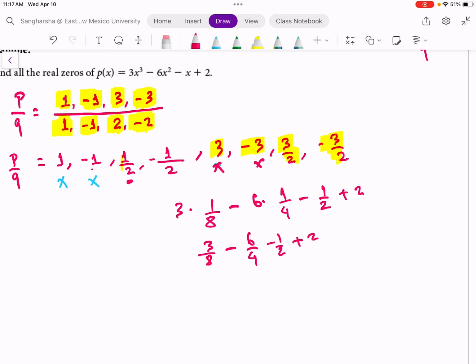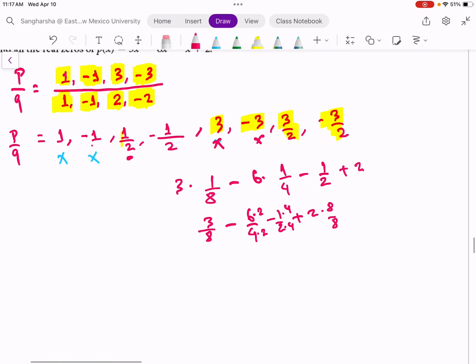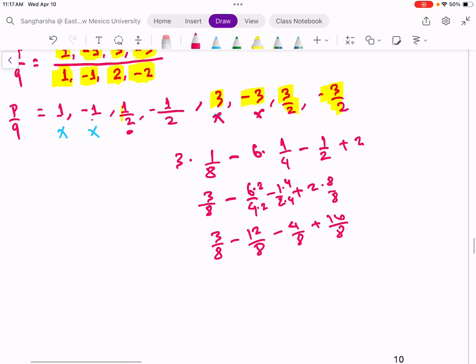So let's make the denominator equal to 8. You multiply 2 by 2, 4 by 4, 8 by 8. We have 3 over 8 minus 12 over 8 minus 4 over 8 plus 16 over 8. Do we get 0 here? Negative 12, negative 4, that is negative 16. 16 plus 3, that is 19. So we don't get 0. So it's not helping us here.